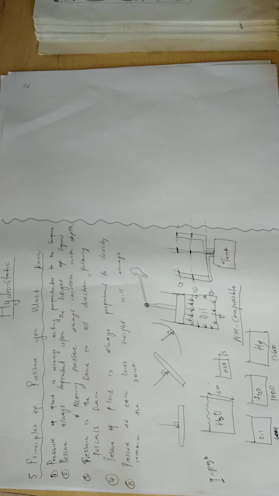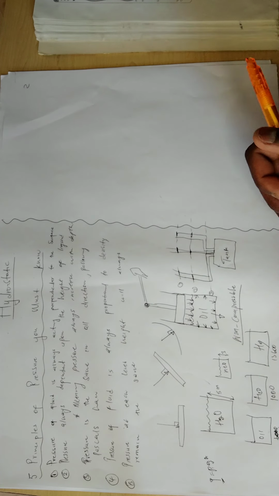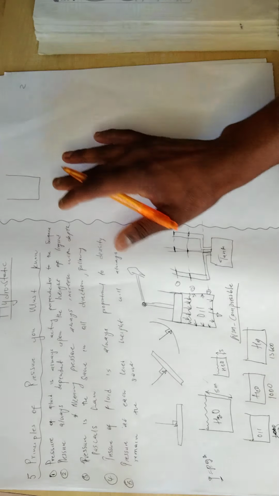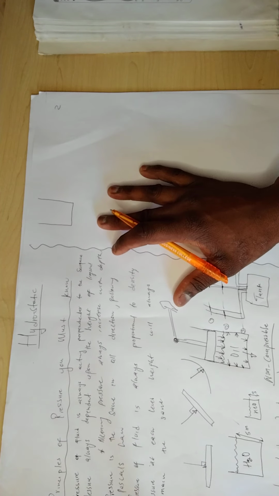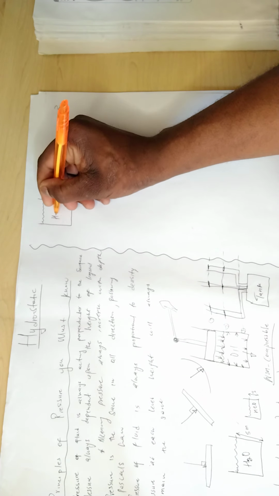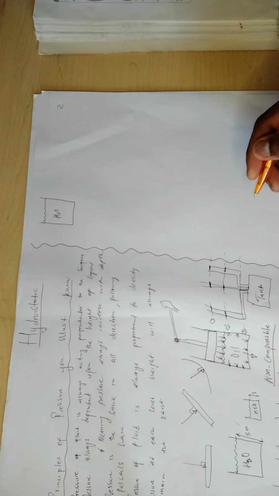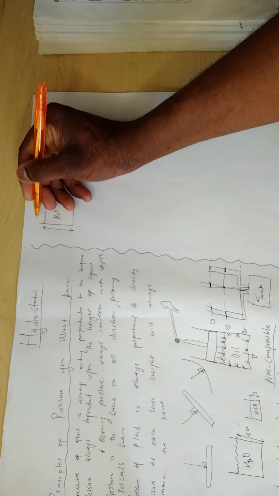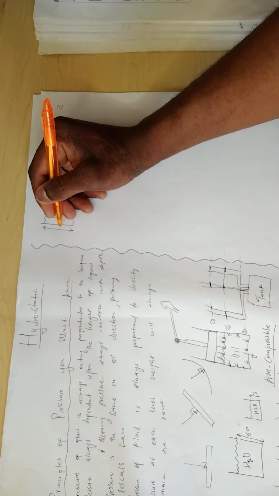First of all, I want to start with an open system where this is our water. First of all, we're always going to regard the height of the water from the surface to the bottom.